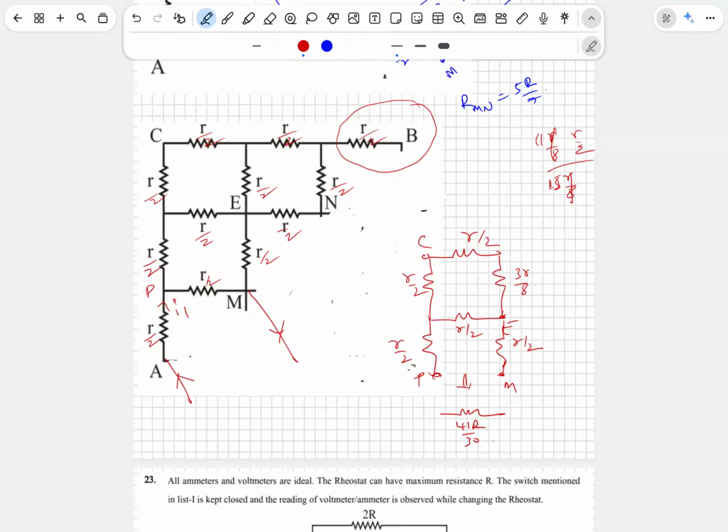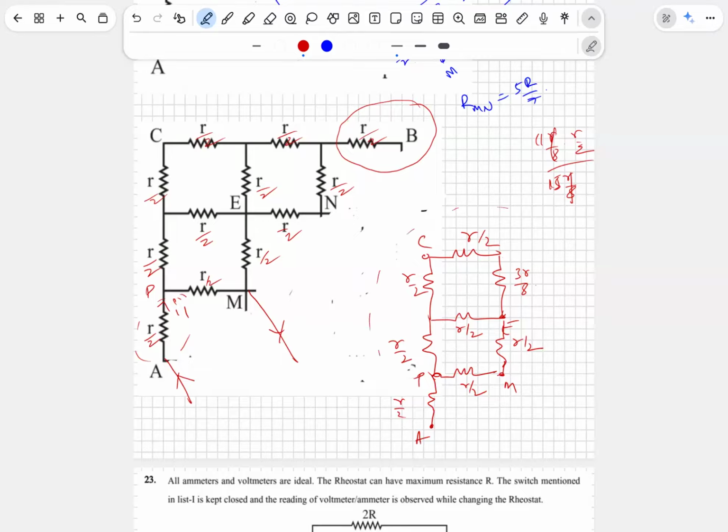And now that is parallel to again R by 2. And finally, that is in series with R by 2. So finally, this is the piece R by 2, and this is in series with R by 2.